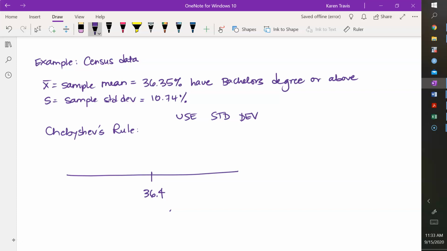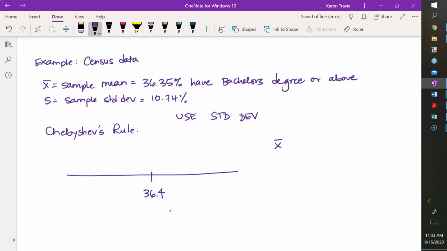Now, we're trying to think about some of the counties that maybe are more agricultural communities where there's a lot of jobs that you can get without college degrees. And so there's going to be a wide variety all over the state. So we're trying to think about how spread out they are by using the sample standard deviation.